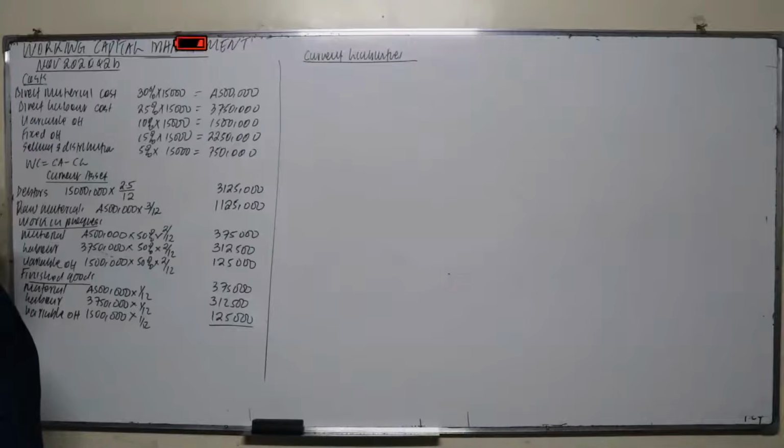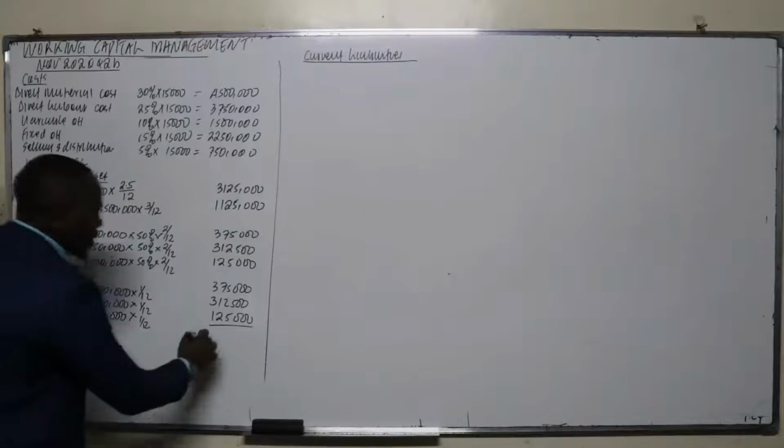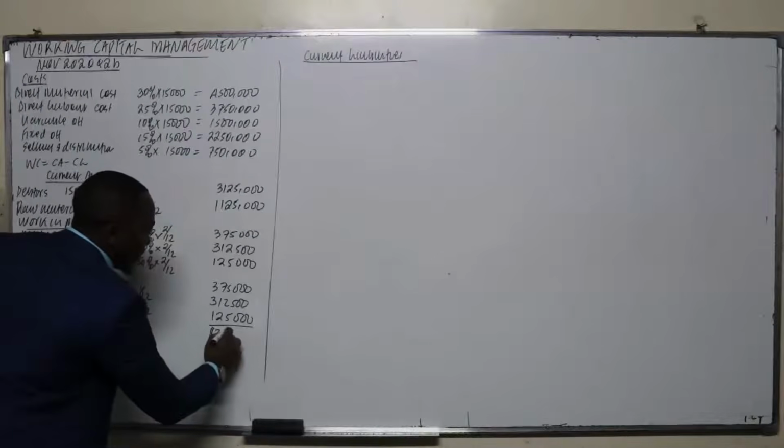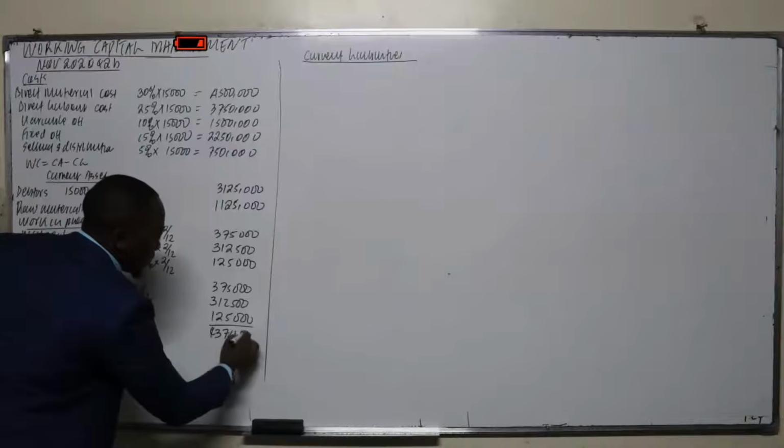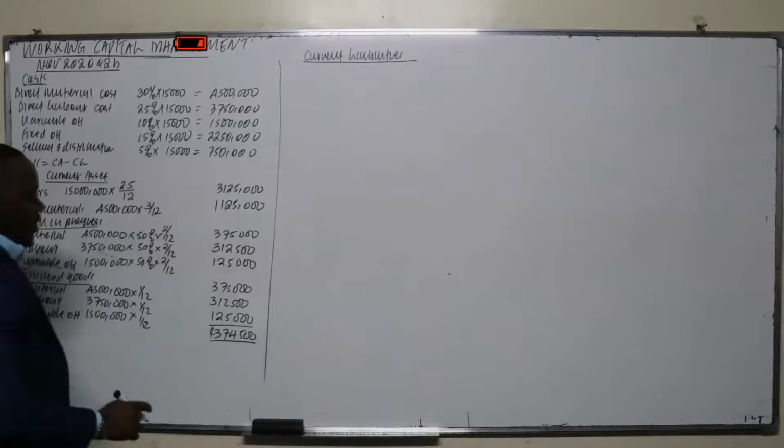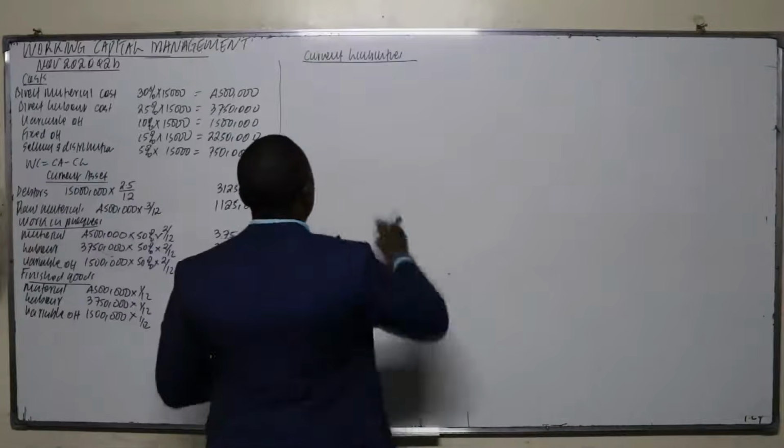Correct? 4370,500. Now you go to the current liability, creditors.